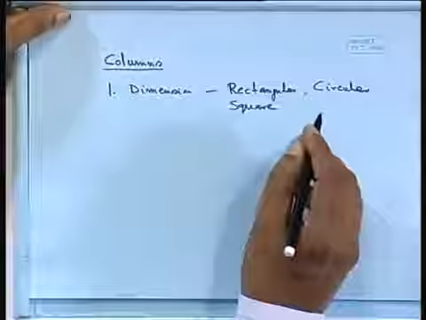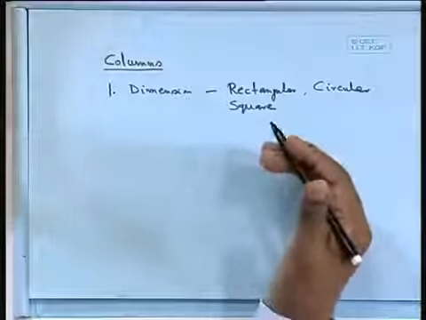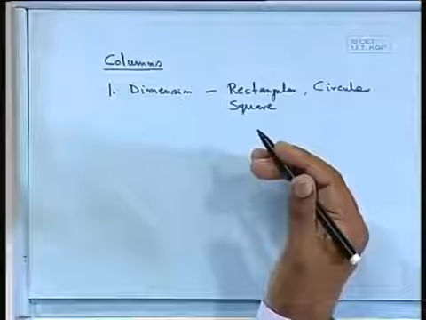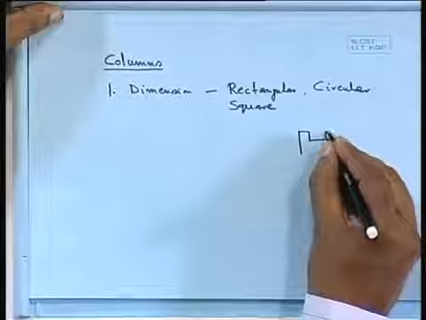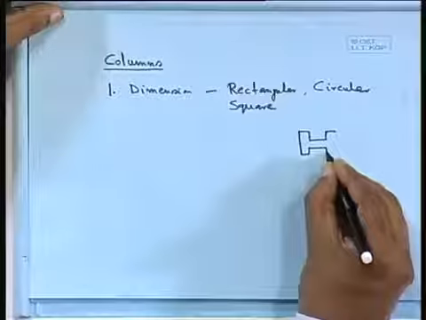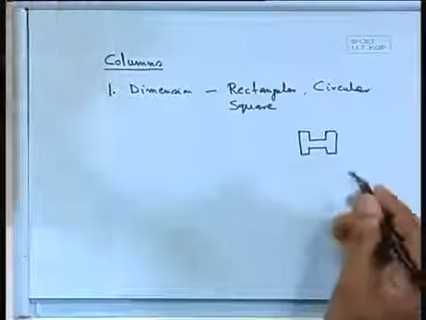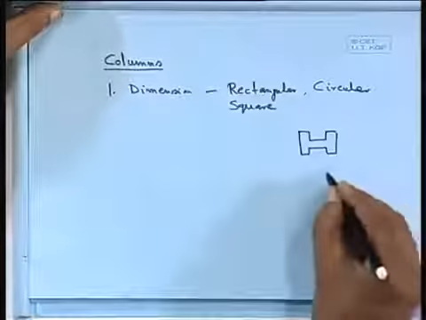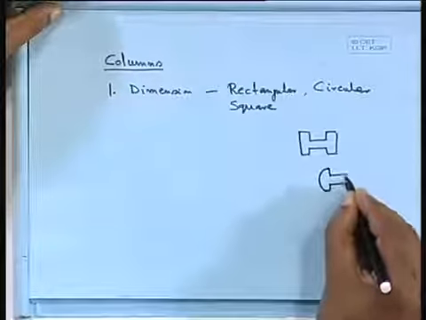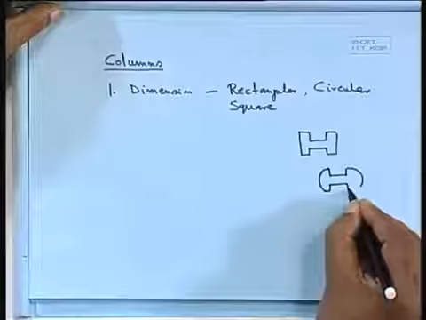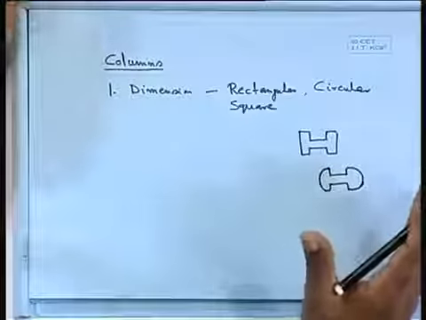It can be hexagonal also, or it may be any other shape from the architectural point of view or from the practical point of view. That also you have to consider. It may happen that the shape could be like this also. There could be many other shapes, so I can provide the shape like this also. In this way different shapes are possible, but what we have to do is design this one.